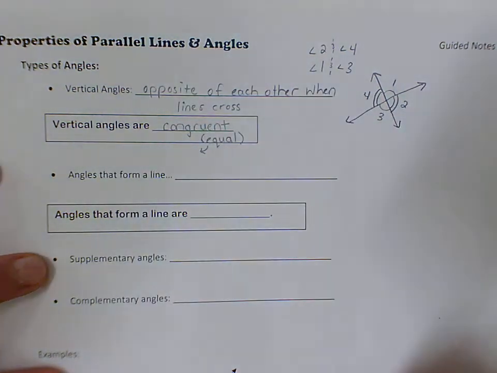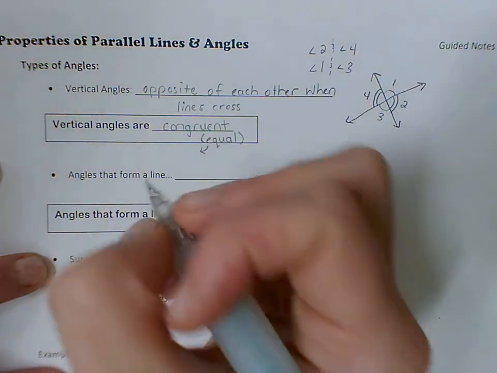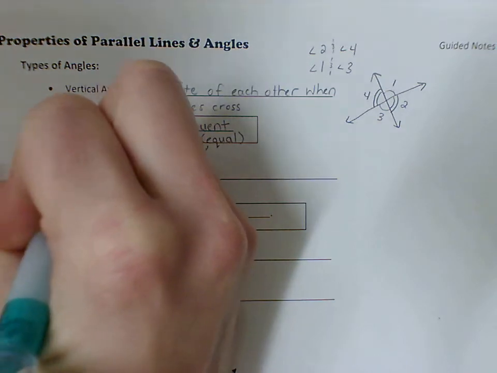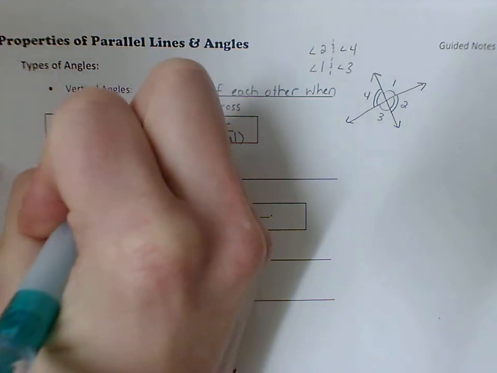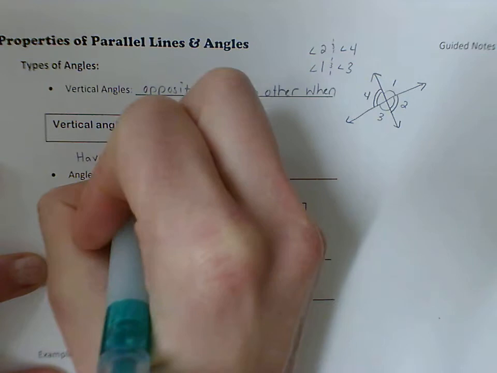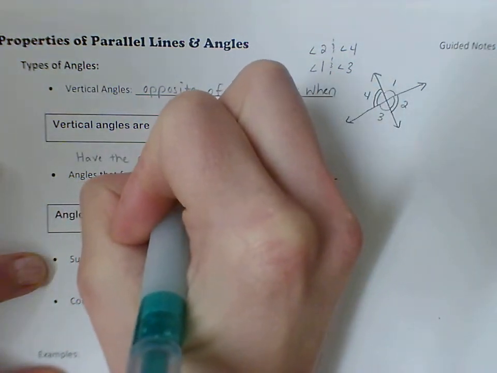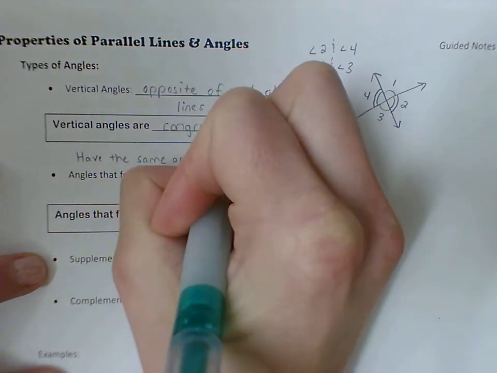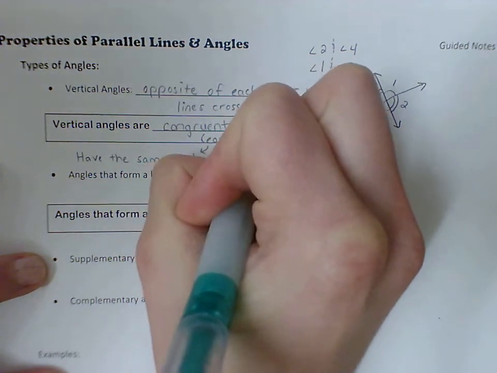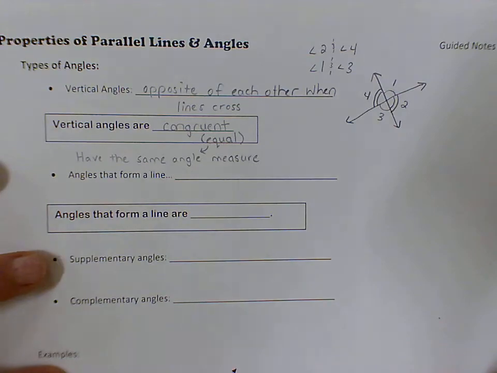So vertical angles have the same angle measure. And that's very helpful because they're going to start asking you to find the measure of some of these angles, and that is something that you can look for that's fairly easy to find.